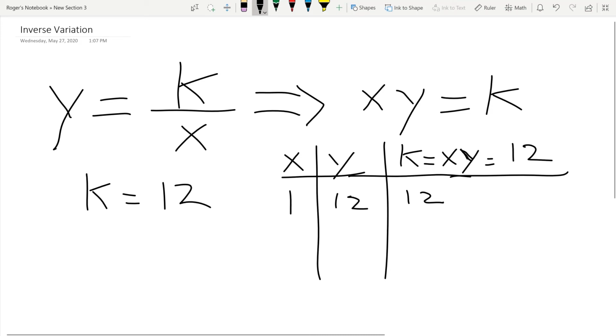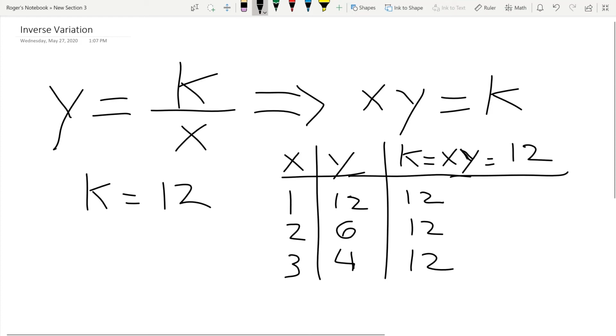What if I took x equal to 2? Then what is y? 2 times what equals 12? 2 times 6 would be equal to 12. And if x was equal to 3, then 3 times 4 is equal to 12. And et cetera, et cetera. I think you get the picture. So the product of x and y is always equal to the same number.